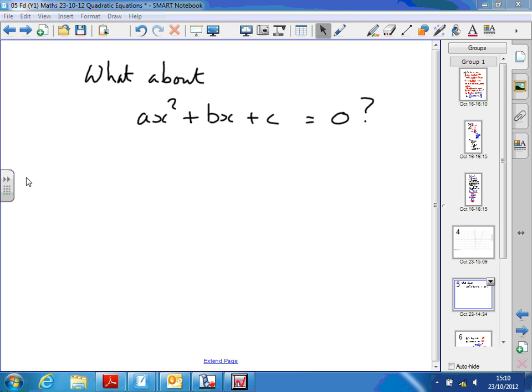One comes in useful when we want to start thinking about partial fractions and stuff like that, which we'll be looking at maybe this year, probably next year, which is to solve it by factorising, and the other way is to use the general formula. So we'll look at both of those now. Let's look at an example.